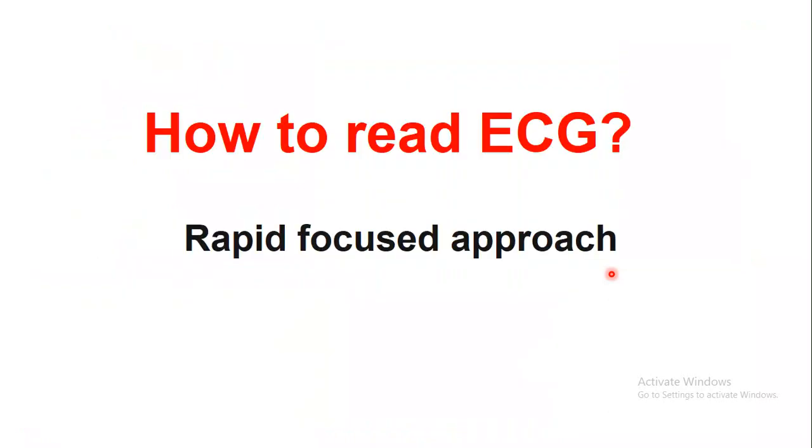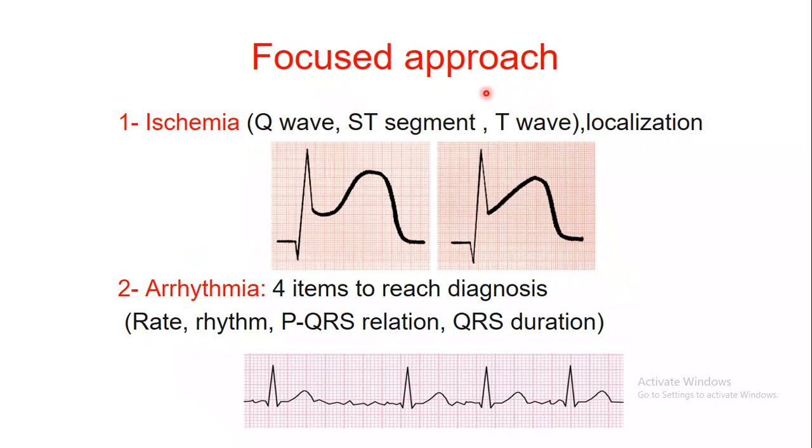Now moving to the final part of this lecture, which is how to read an ECG in a rapid way in the ER. Using this focused approach, we have either a scenario of ischemia or a scenario of arrhythmia. If you have a patient presenting with chest pain, the rapid look will be for the Q wave, ST segment, the T wave morphology, and then localization of any abnormalities of these waves.